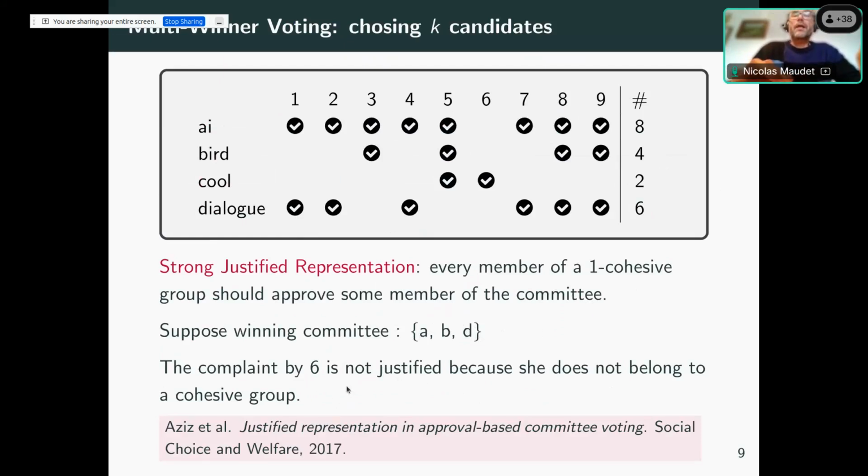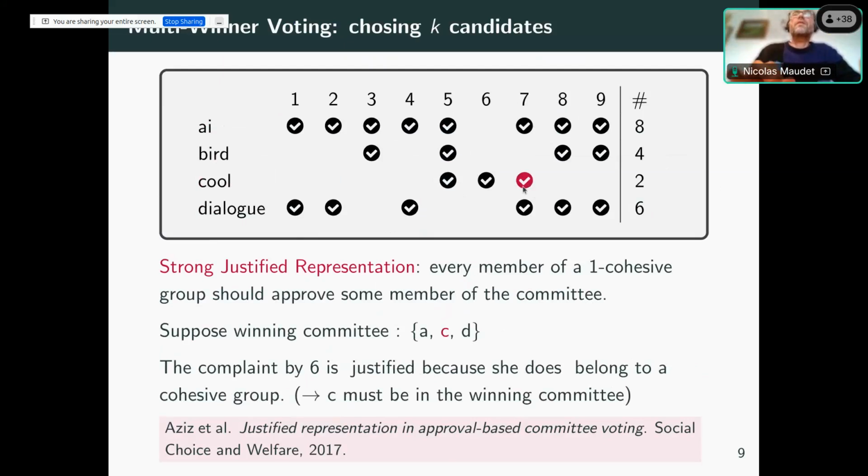In that case, you see that agent 6 is not represented, so they could complain, but it's not really justified because she does not belong to a cohesive group. She's a bit on her own, voting for just C, and so there is no proper justification of giving her a fair representation in the final committee.